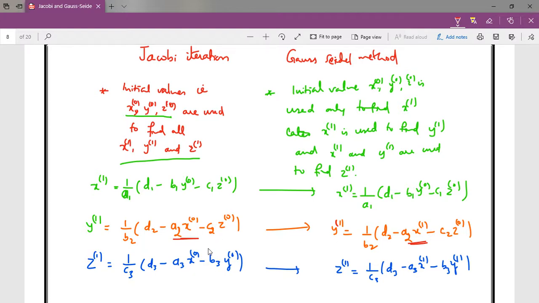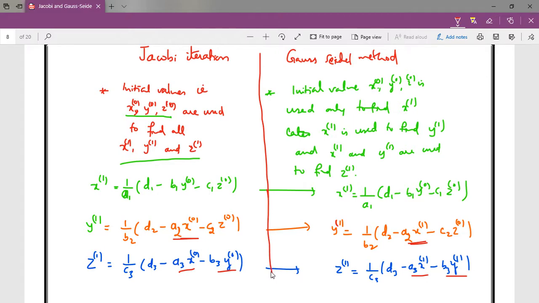So while finding x1 there is no difference. In finding z1 you are again using x0 and y0 in Jacobi, but in Gauss Seidel while finding z1 we are using x1 and y1, which are the latest roots. So this is the difference between the Jacobi iteration and Gauss Seidel method.